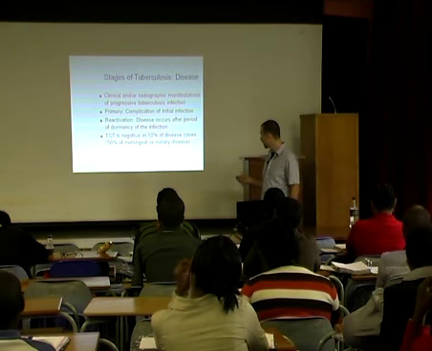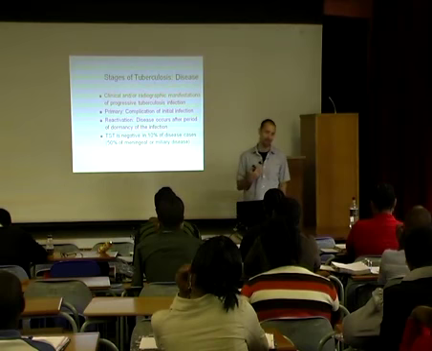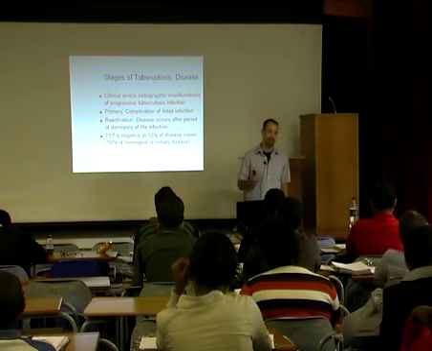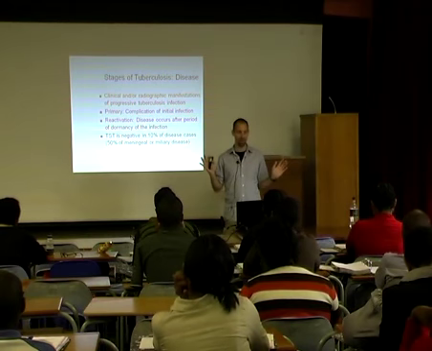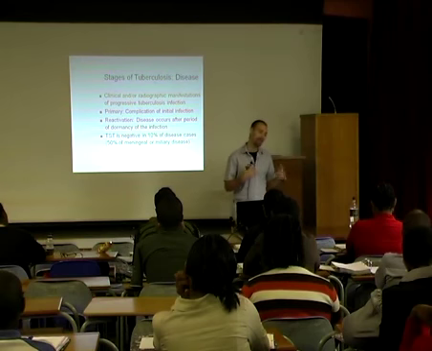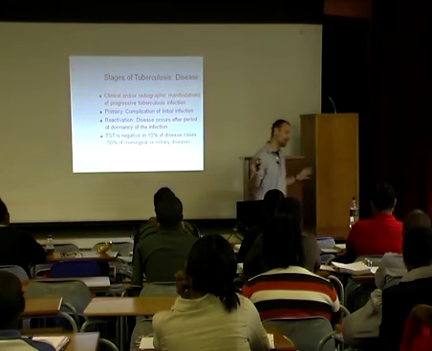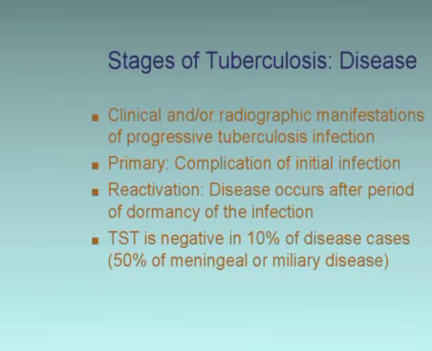The disease occurs after a period of dormancy of the infection. You got infected, the TB was living inside the body, but the body has been able to contain it. It walled it off, and it's not making you sick. If something happens, those walls break down, and the TB can spread and make you sick. That's reactivation disease.